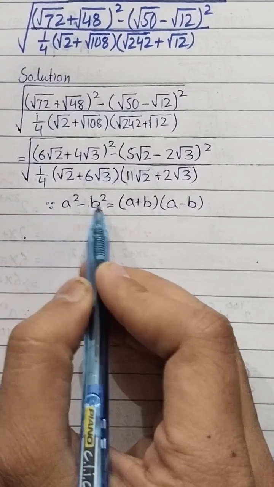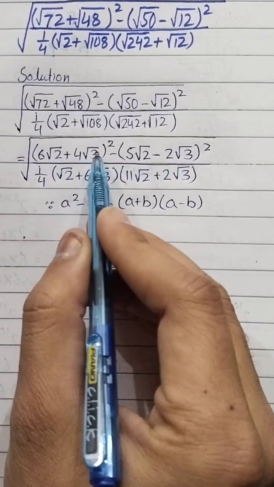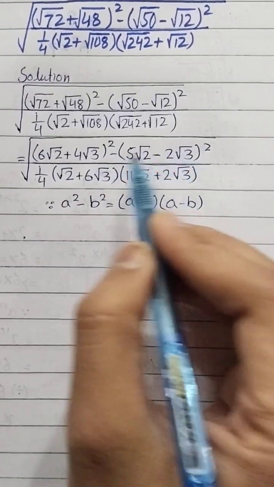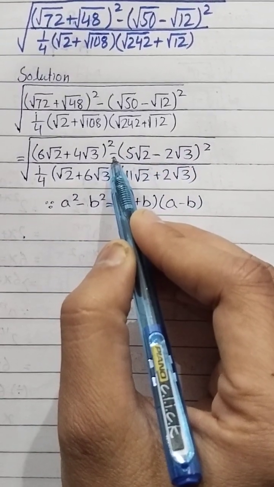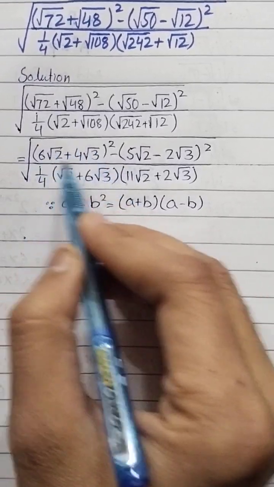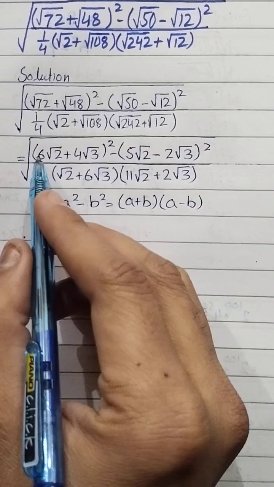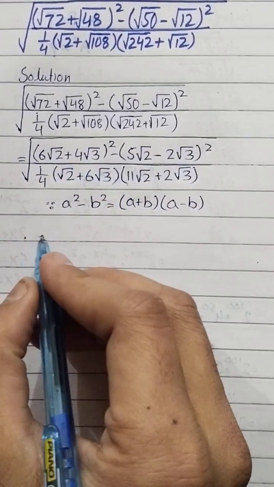Now we will apply this formula here. This term is a and this term is b, and there is a minus sign in between. So this is the difference of squares, and we are going to apply this formula here.